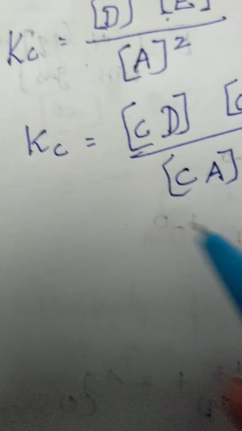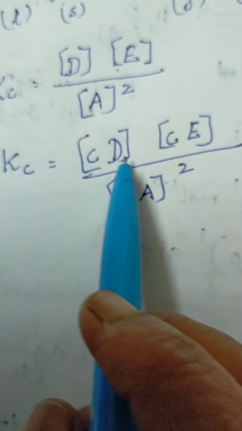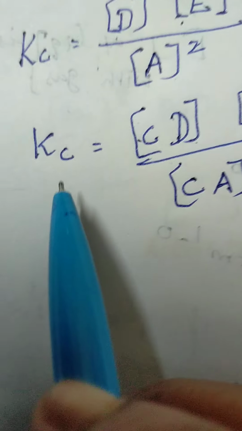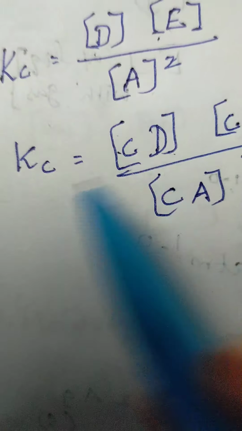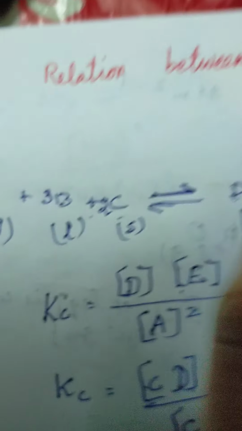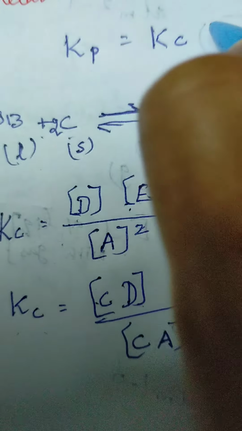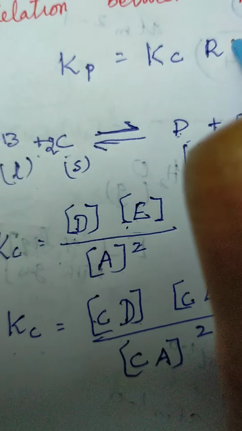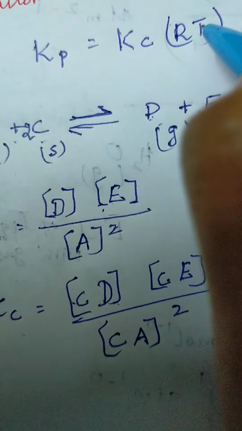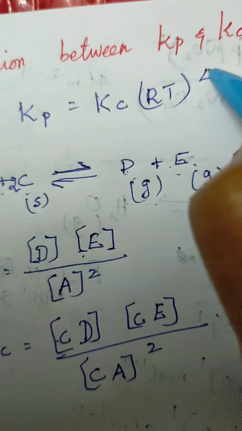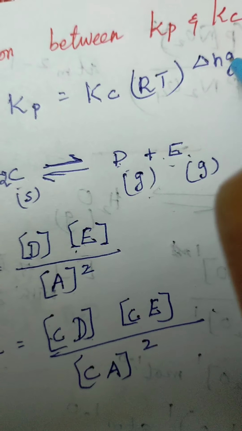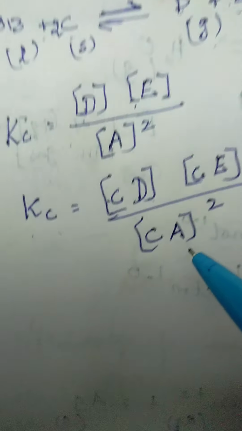How to calculate Kp for this? We have written Kc. What is the relation between Kp and Kc? Kp equals Kc (RT) to the power delta Ng. This is the relation we are going to derive.